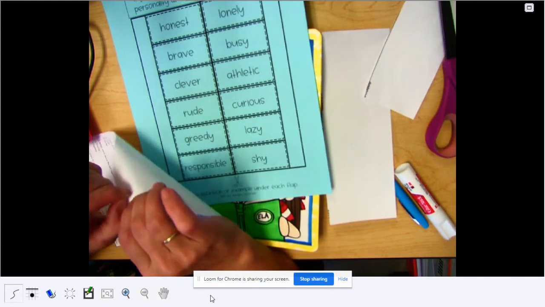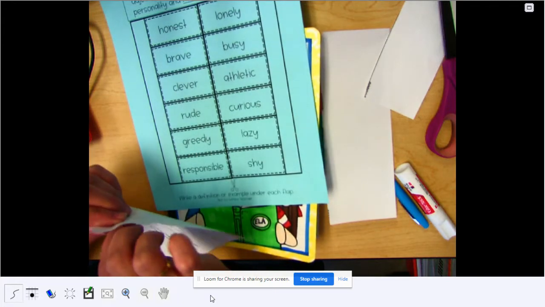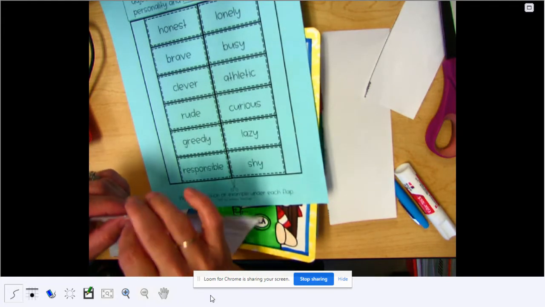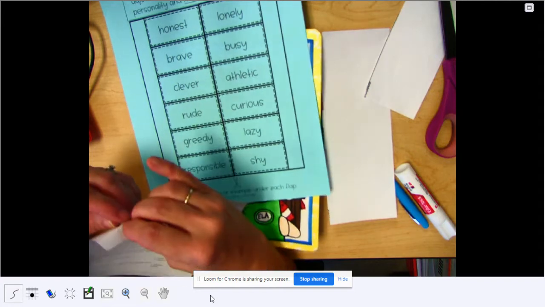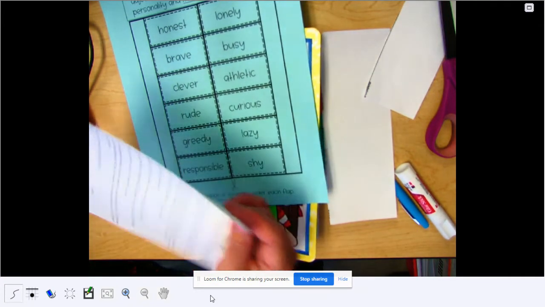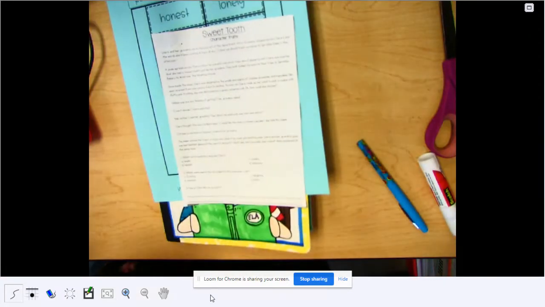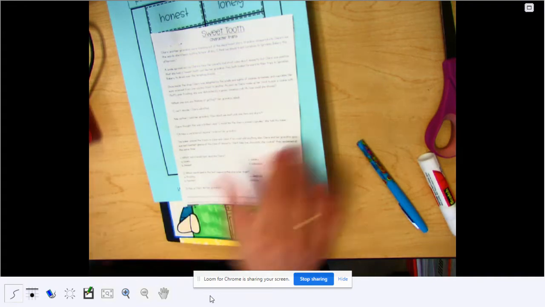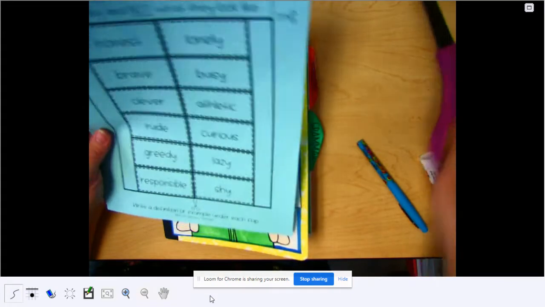Let's pull that out of there. Okay, so that one's all cut out. And then let's cut this one out just so that we're all done cutting.